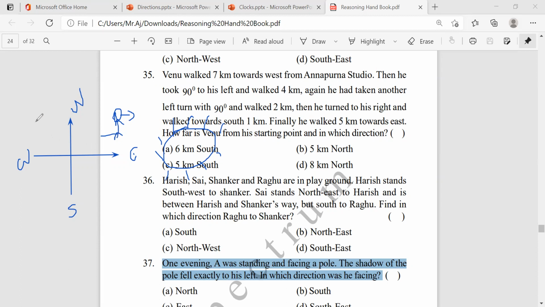Now the same person, standing here facing east, at the time of evening, the sun will be here and the shadow will be here. In exact noon, the shadow is under the foot, so no need to consider that one.